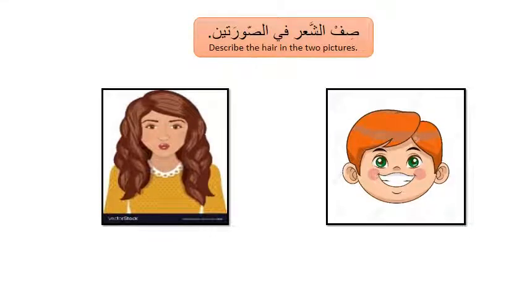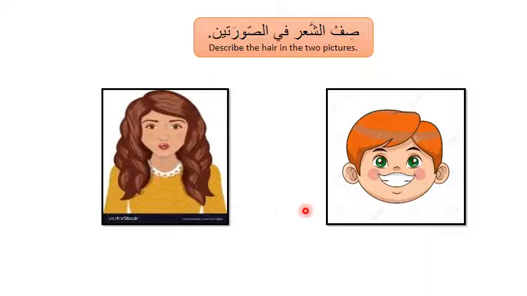Today's lesson is very easy, so I want you to move straight away to the tasks. But before you move to the tasks, what I want from you is to write all the words that we have learned so far in the video, all the adjectives that we can describe the hair with, and then you're going to move to this task. صف الشعر في الصورتين. Describe the hair in the two pictures. ولد وبنت.